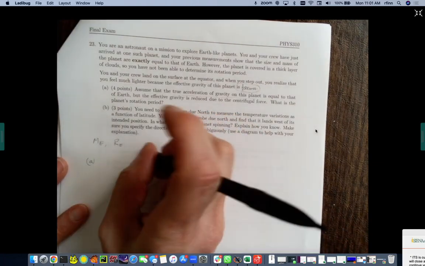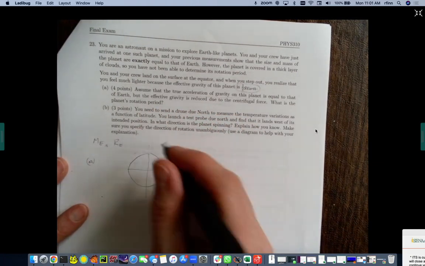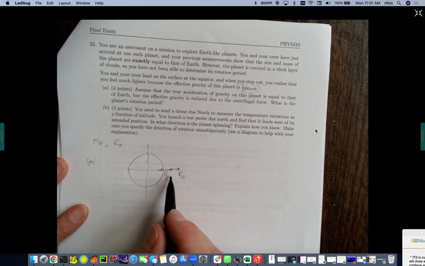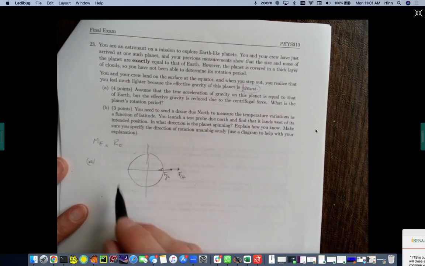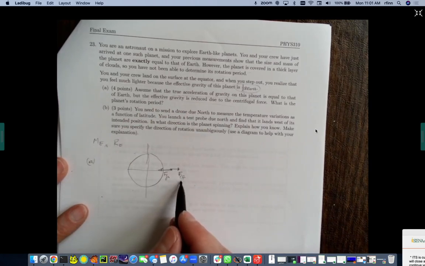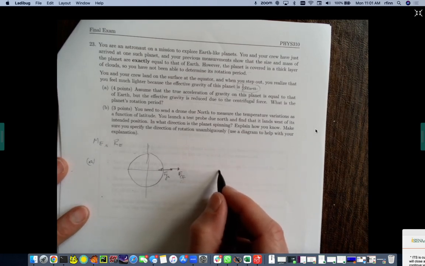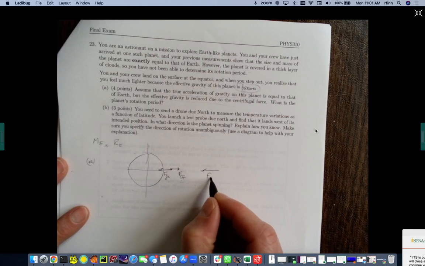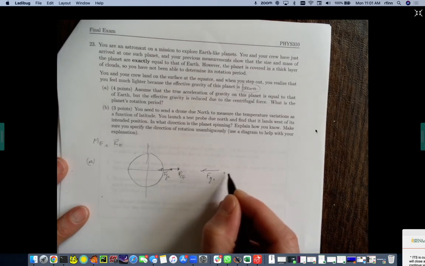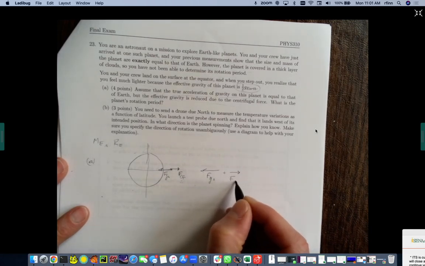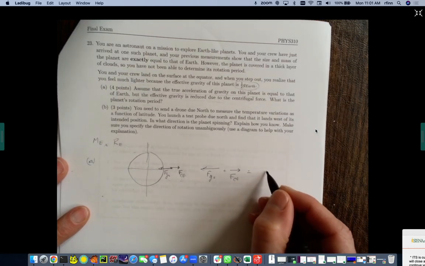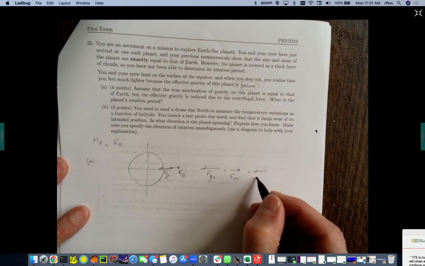Actually, we're supposed to figure out the direction, but there is some rotation there, right? That's going to, in the accelerated frame of the planet, feel like a centrifugal force. So we know just from this vector addition, I have my original gravitational force, I have the centrifugal force, and they're going to add to give me half.